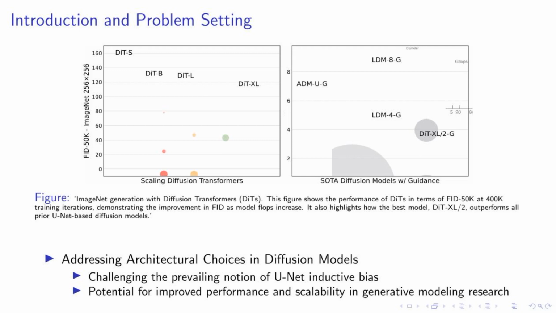Notice the improvement in FID as model flops increase. The best model, DiT-XL/2, outperforms all prior UNet-based diffusion models. This suggests that there's potential for improved performance and scalability in generative modeling research by exploring different architectural choices.